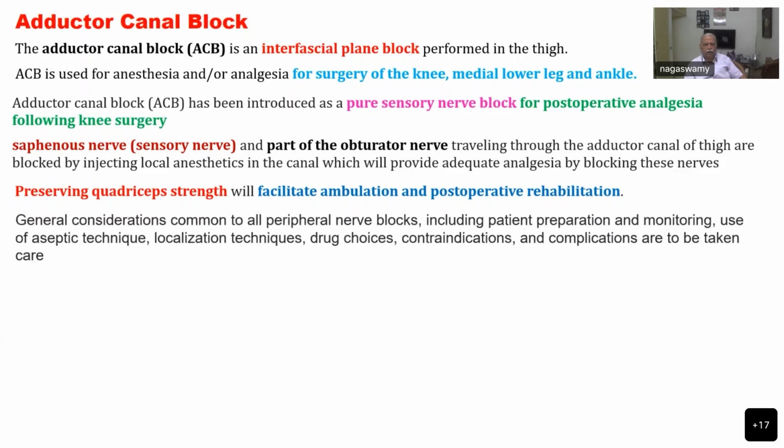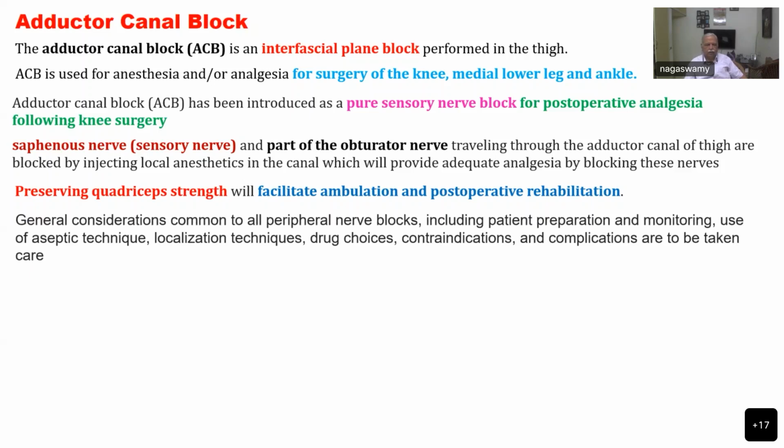And general considerations common to all peripheral nerve blocks. Whenever you do a block, you have to write in your exam what all the precautions you will take. That you must keep all the emergency drugs ready, must inform the patient and get consent, and all monitors should be in place. All these things should be routinely written for any block question that is asked in the theory.